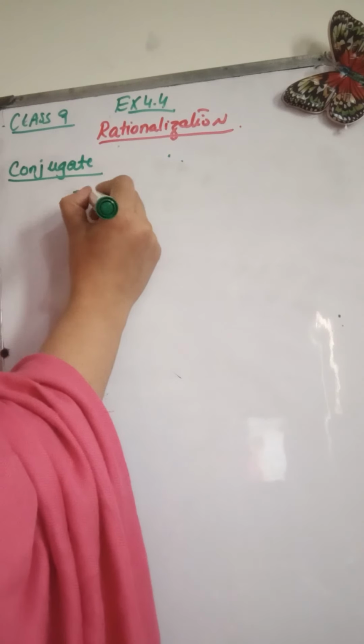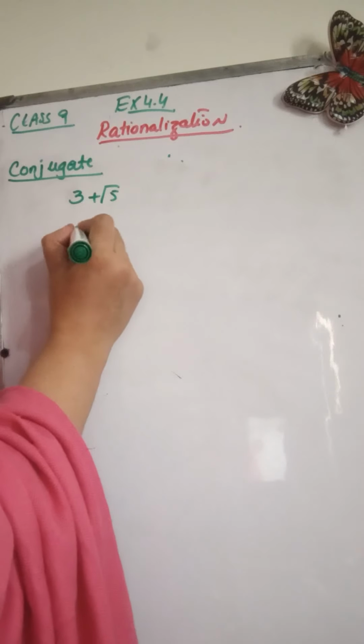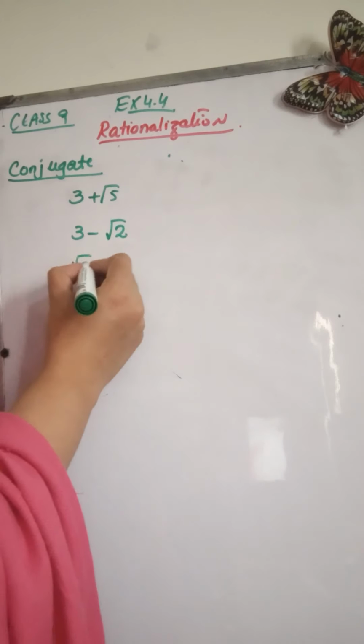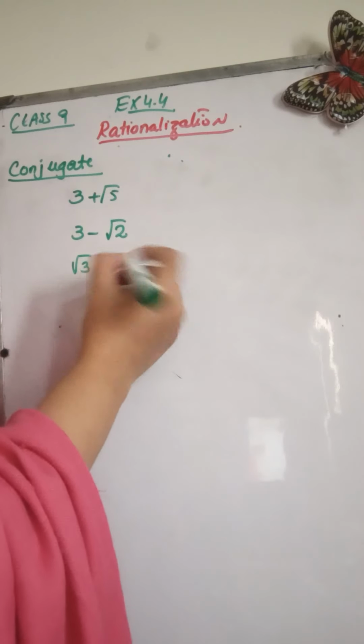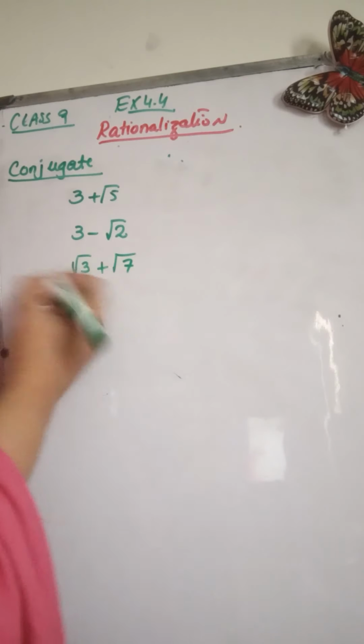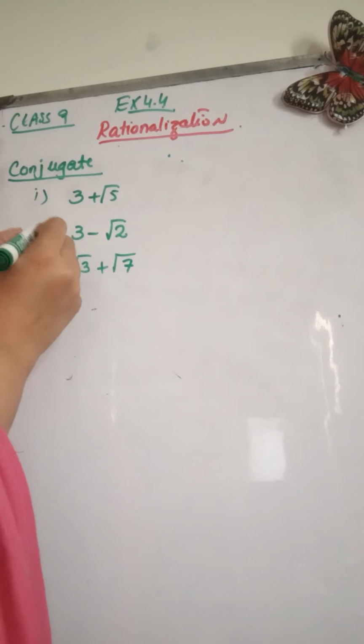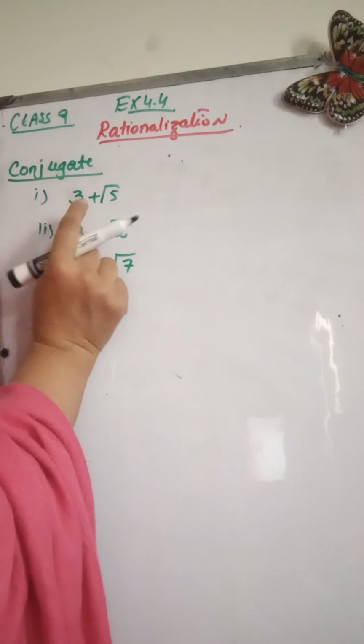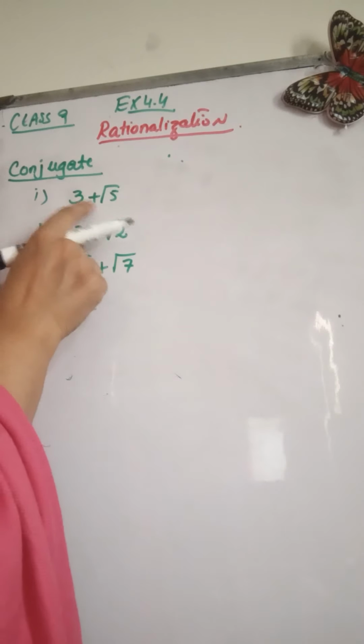How to calculate or find the conjugate of a surd: suppose you have the numbers 3 plus under root 5, 3 minus under root 2, or under root 3 plus under root 7, and you want to find their conjugate. You are just going to change the sign which is between these two numbers.